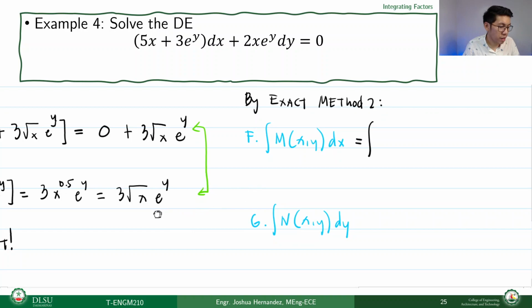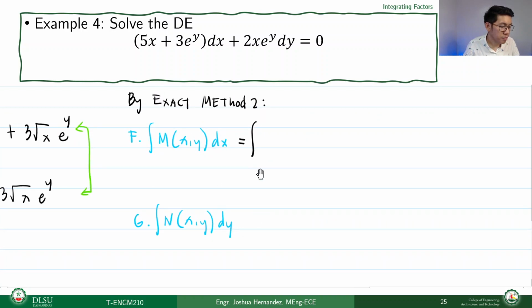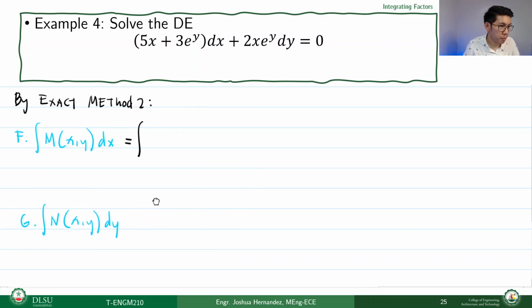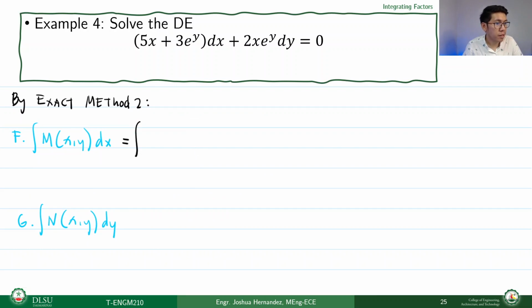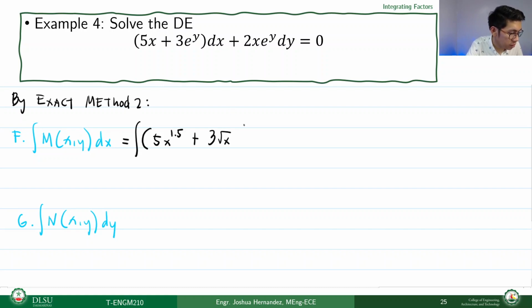So let's import that to our m. This becomes the integral of 5x raised to 1.5 plus 3 square root of x e raised to y, dx, of course.